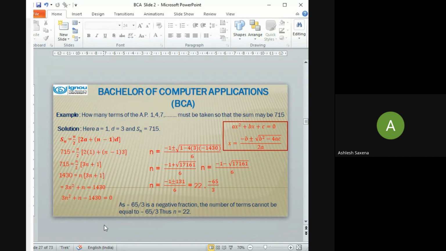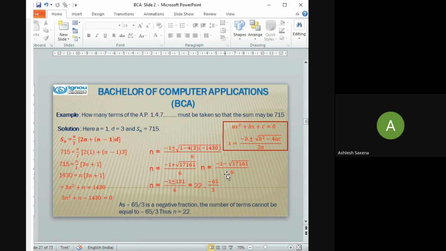What you will get? n is equal to minus 1 plus minus under root 1 minus 4 into 3 into minus 1430 divided by 2a. 2a is 6. Now your question might be, I've written plus and minus. So at one value I will take the plus, and in the second I will take the minus.